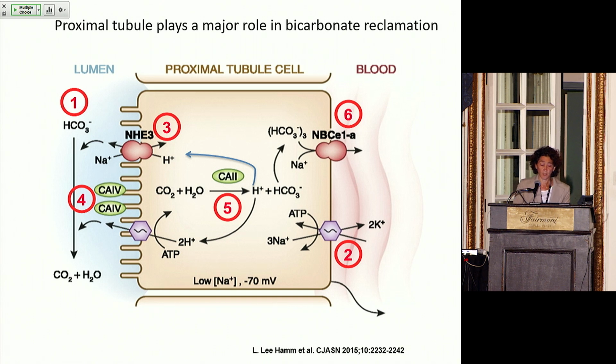And then we have hydrogen excreted into the lumen, binds with bicarbonate. You have carbonic anhydrase on the brush border, and that favors conversion to carbonic acid, CO2 and water. And then you reabsorb the CO2 probably with the CO2 channel, so it's not really diffusion like we might have thought. And then inside the cell, the reverse happens. We put that hydrogen back in the lumen and reclaim the bicarbonate.